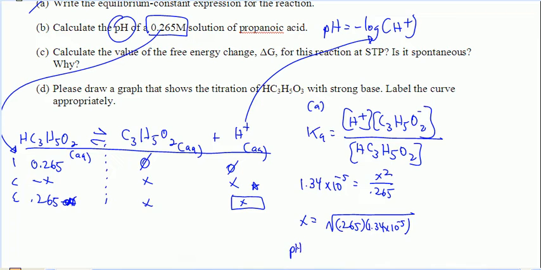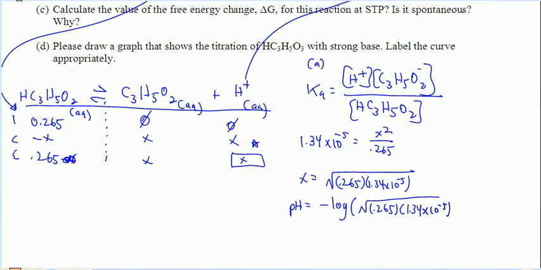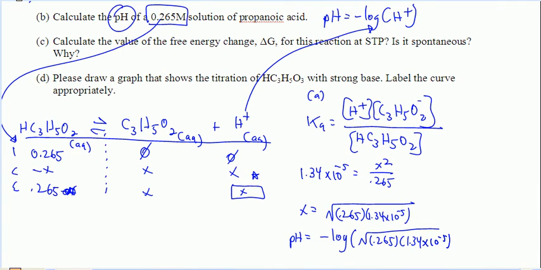And the pH is going to be equal to the negative log of the square root of 0.265 multiplied by 1.34 times 10 to the minus fifth. Alright, so that is your answer to B.